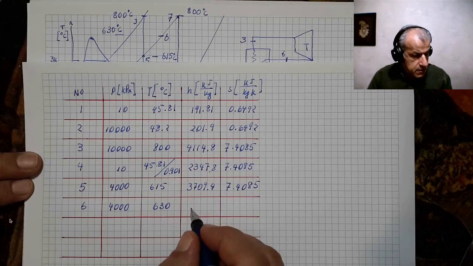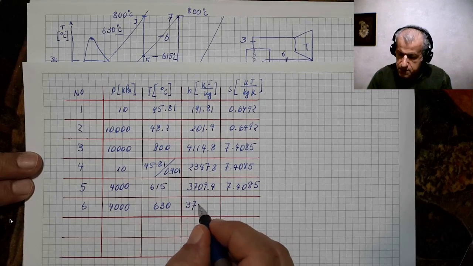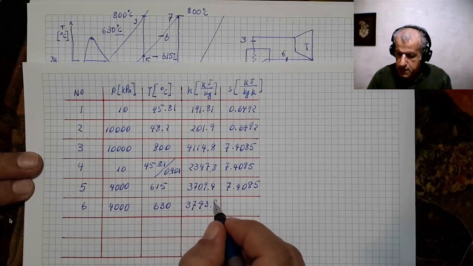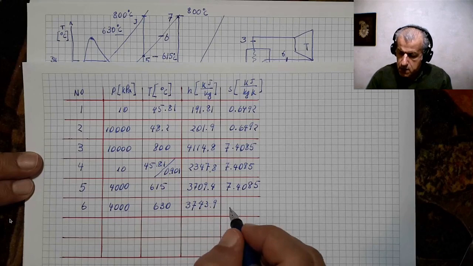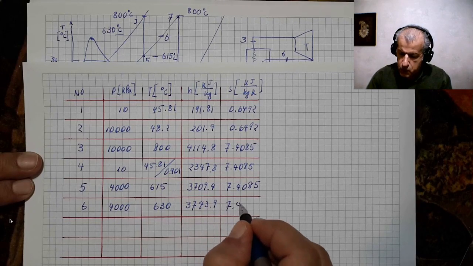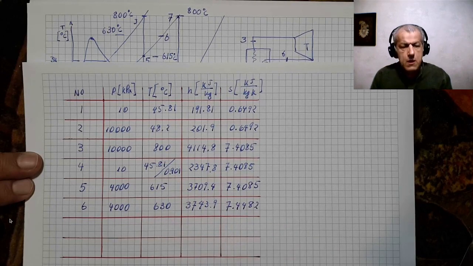The enthalpy would be 3743.9 kilojoule per kilogram, and the entropy would be 7.4482 kilojoule per kilogram Kelvin.